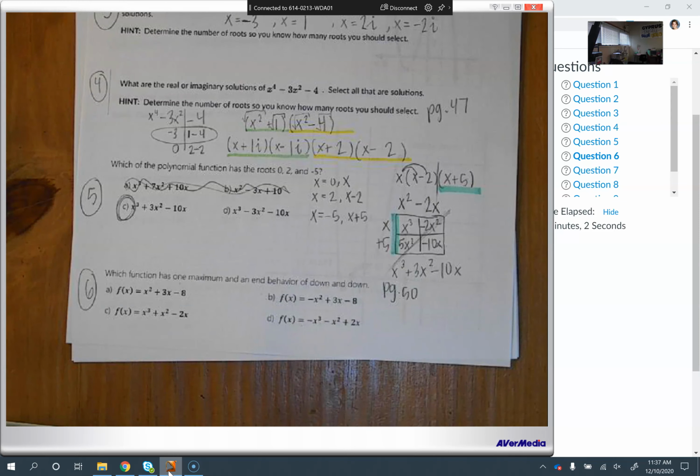Down, up, down. Oh, you can just copy and paste them right from Canvas?